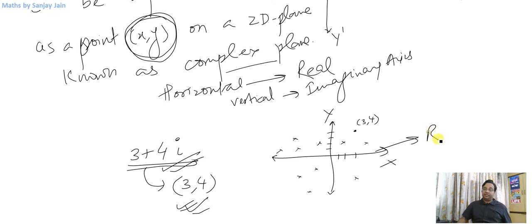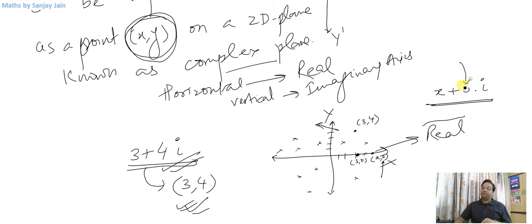This is my real axis, this is imaginary axis. So we know that on this axis we'll have points like 3 comma 0, right, or x comma 0 in general, of which y coordinate will be 0. So every point on real axis will be of the type x plus 0 into iota, right?